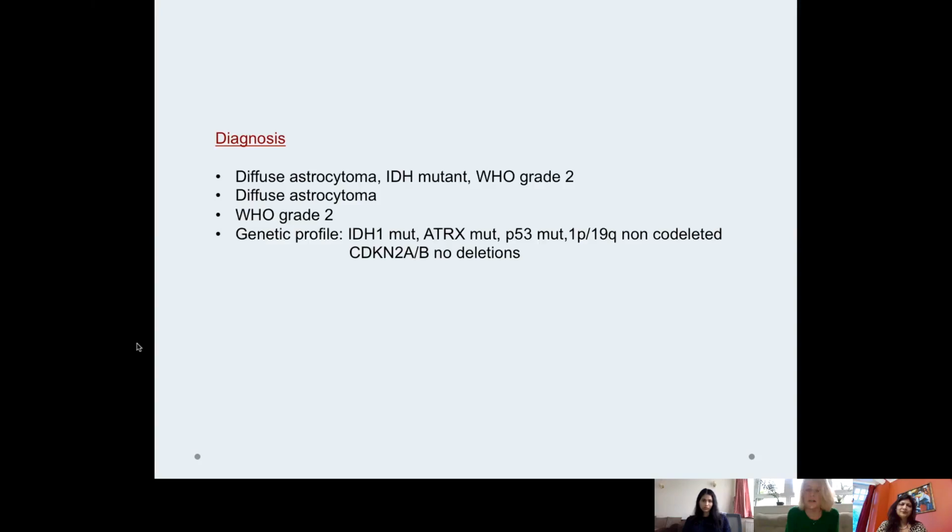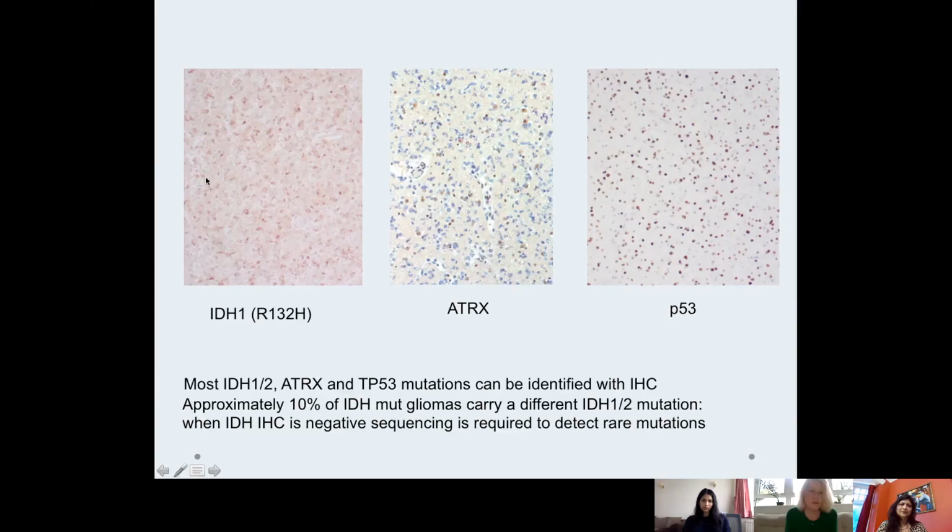So I mentioned next generation sequencing. In the majority of astrocytomas, actually there is no need to confirm the genetic changes with sequencing, as this can be easily assessed with immunohistochemistry, as I showed previously. Here is our case. Most IDH mutations, which are point mutations, can be detected with the specific antibody.